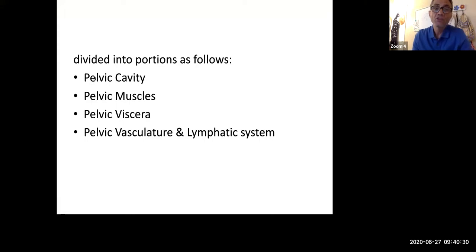You need to know the delineation of your pelvic cavity, the muscles of the pelvic cavity, and the organs of the pelvic cavity, which belong to the male and female. So we're going to discuss both of them. And then finally, you will need to know a little bit about the blood vessels and the lymph system of the pelvic cavity.